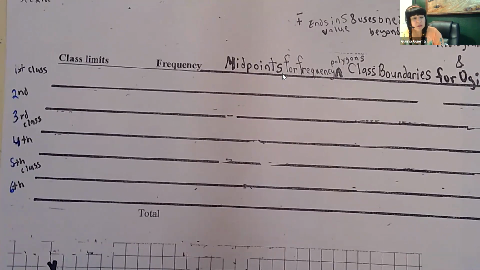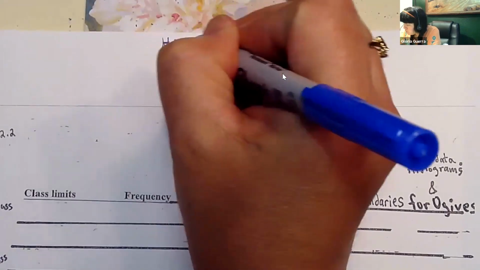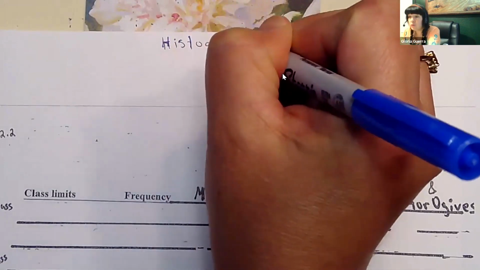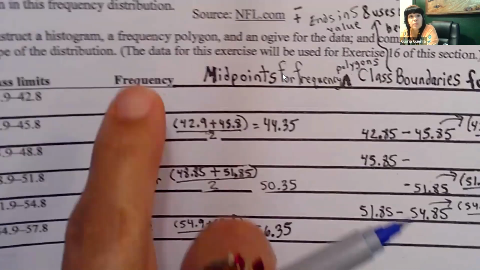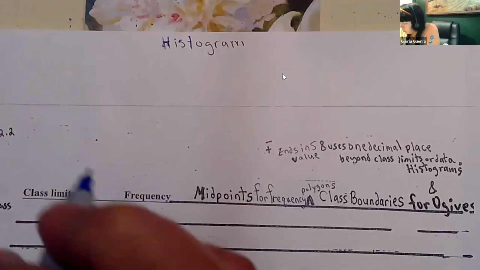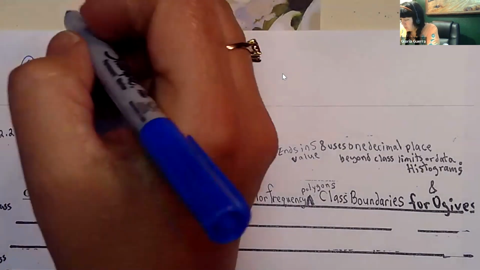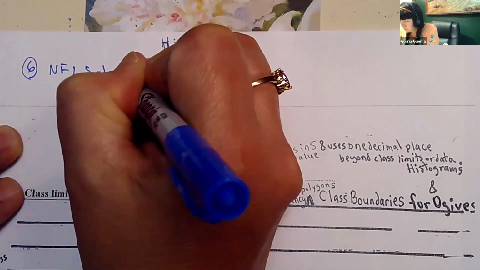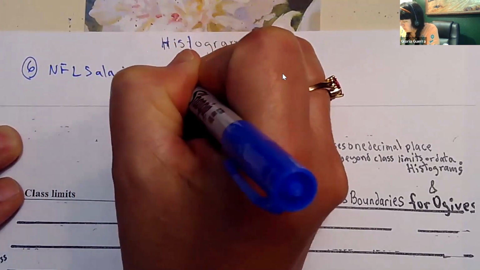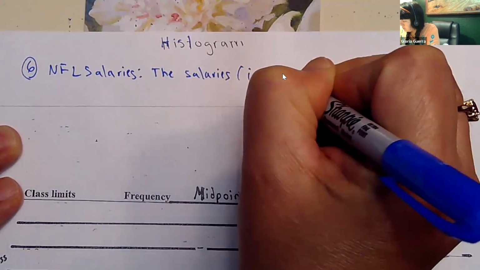And this is related to an NFL. See at the top it says histogram. So I'm getting this from a problem in your ebook. I'm going to write this down, and we're going to make a histogram, and then we're going to make also a frequency polygon using this problem. So this has to do with NFL salaries, and it says that these salaries are in millions of dollars.